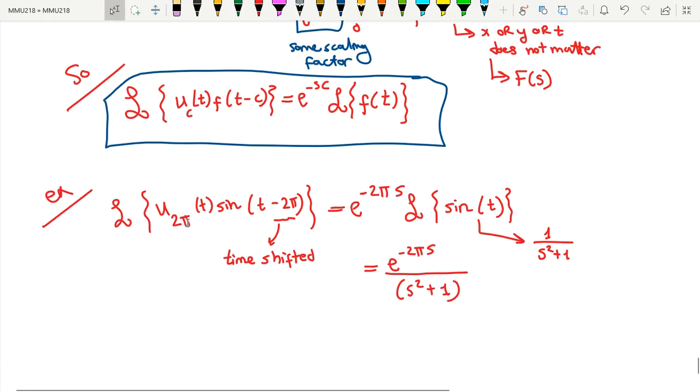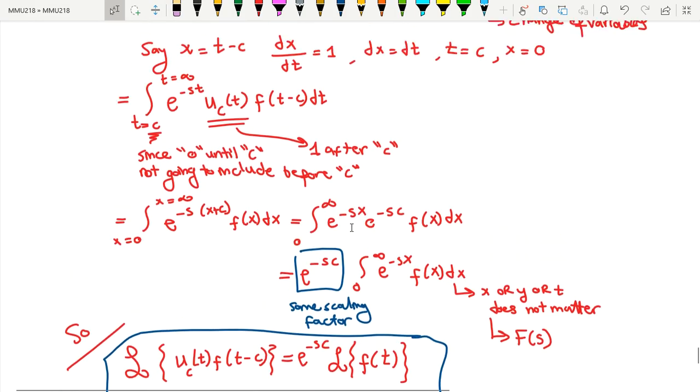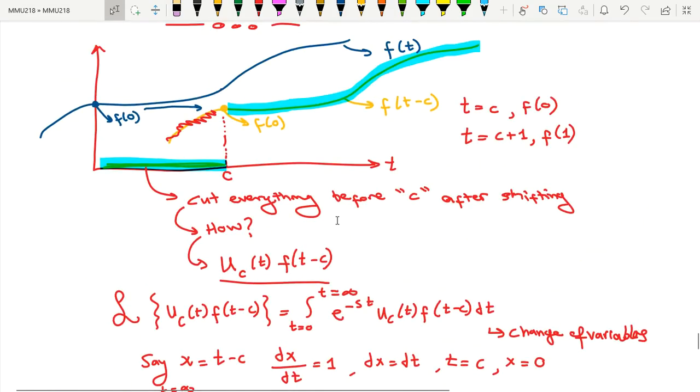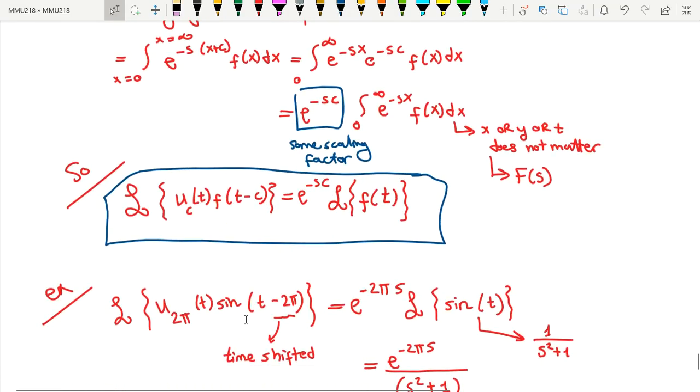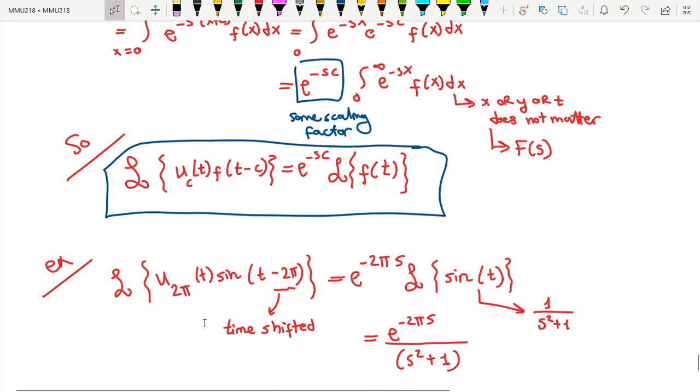Let's do an example. I have sine t minus 2 pi, for t greater than 2 pi. Obviously this is time shifted, and with the utilization of a unit step function, I'm going to be able to cut that function from 2 pi. Before that point, the Laplace is undefined.